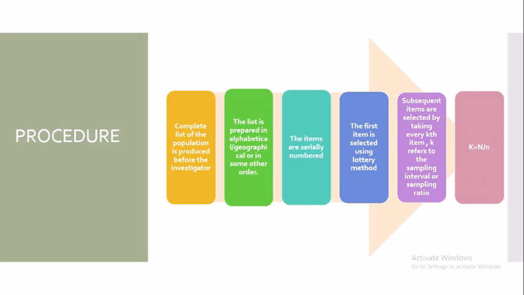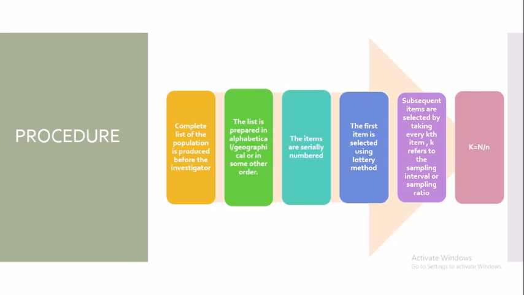So how do we get k? k is equal to capital N divided by small n. If 100 is your population size and you are planning to take a sample size of 10, then 100 divided by 10 is 10. So here your k, or your interval, is 10.